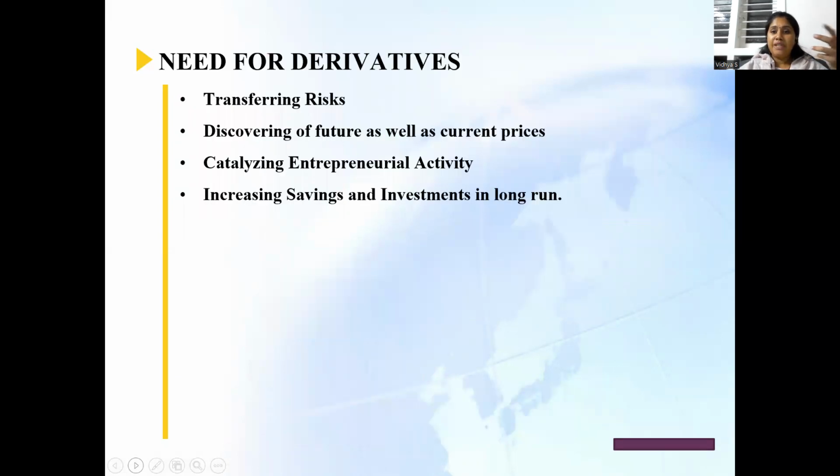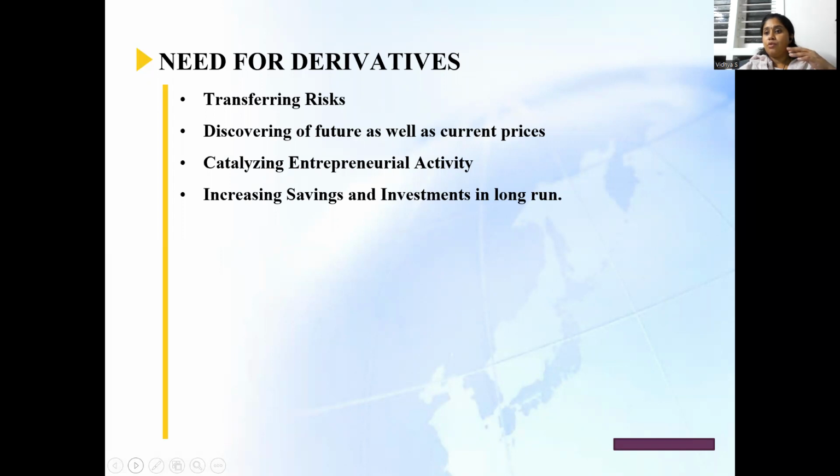So why do you need derivatives? Transferring risk. I told you there is a change in prices from the present to the future, and sometimes prices can also decrease. So you try to reduce your risk at that point of time. For example, if you are selling paddy, rice or wheat, today the price might be 200 rupees for 10 kgs.